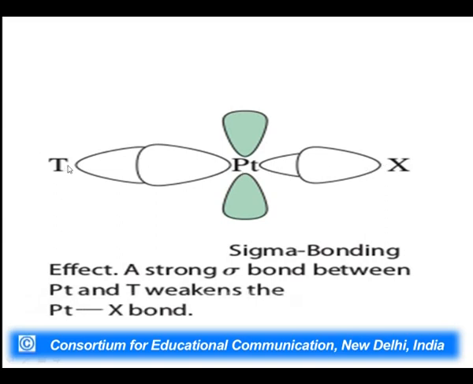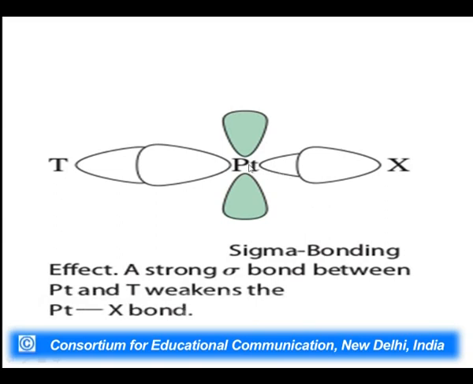That is, when the sigma bonding between this ligand and the metal is strong, the ligand that is trans to it will experience lesser overlapping, lesser electron cloud of platinum. As a result, the bond between platinum and X is weakened.